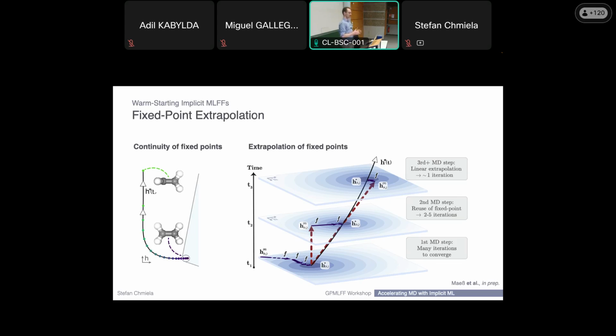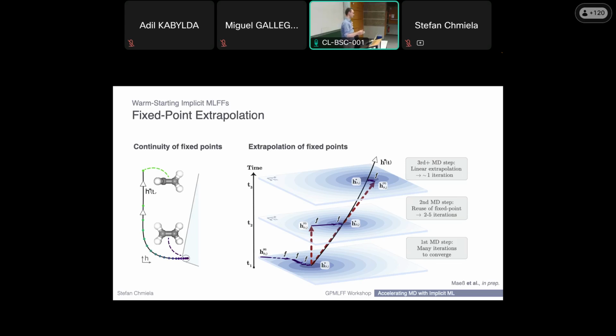Now we can continue this principle, and we go into the third MD step. That's the top floor of the stack plot. Now we have the information of 2 past converged embeddings, and we can interpolate between them. So now we have a higher order interpolation.